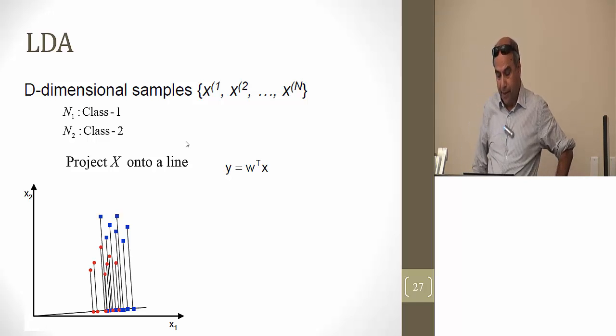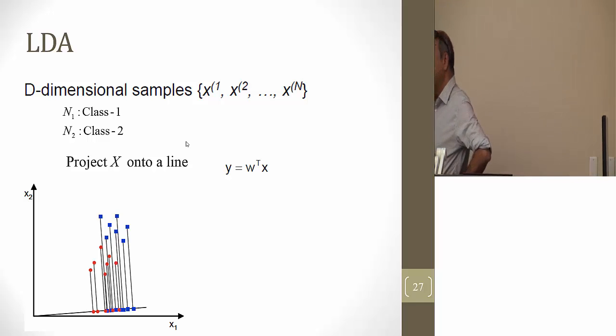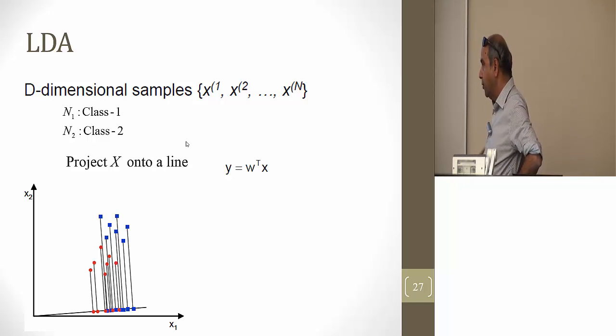Okay, so suppose here is one possible projection. Let's say the faces are represented by only two numbers, a two-dimensional space, x1, x2, and we have two people. One is the green person, the other is the red person. In the original space, gray levels for example, this is the way these different people are.